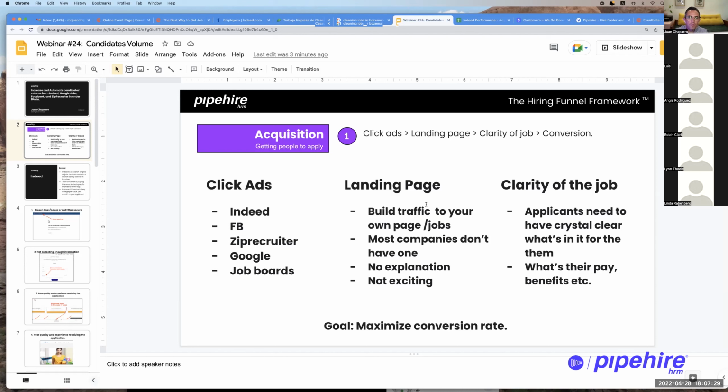First you have to start at your own website. What are you doing? How are you selling your job? And how exactly do people find you? Most companies today still don't have a good landing page or a jobs page for the applicants. It's incredible. So if you're asking yourself why you don't have enough applicants, it's because you don't have a good landing page about your job.